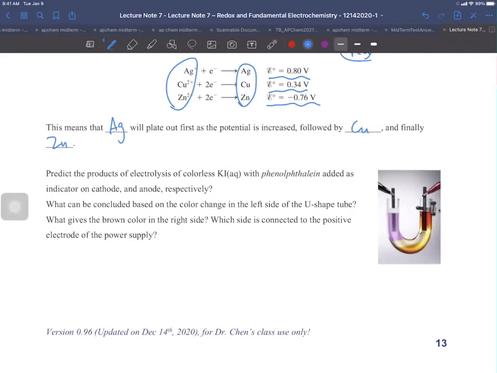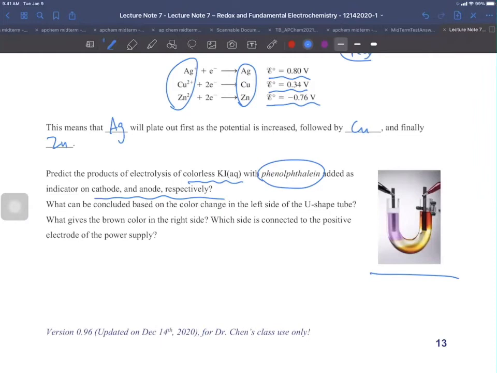Let's have a look at one more example: predict the products of electrolysis of colorless KI, potassium iodide, with some phenolphthalein, an indicator, added. We need to analyze what the reaction is on the cathode and what the reaction is on the anode. This is an experimental picture.